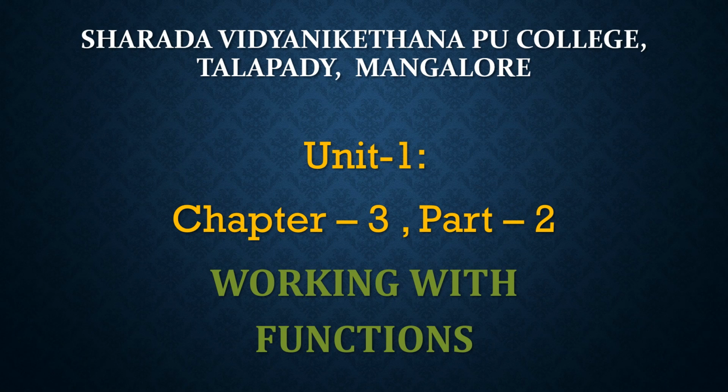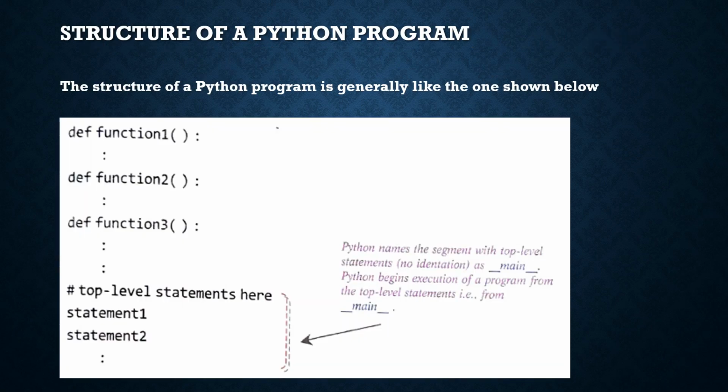Okay, next we'll move on to today's session. The structure of a Python program is generally like the one shown below. Here, definition of function 1, here a colon is specified, and below that some set of statements. Definition of function 2, and again a colon and some statements that belong to it. For all the statements or body of the function, we need to insert indentation, that means horizontal space should be included.